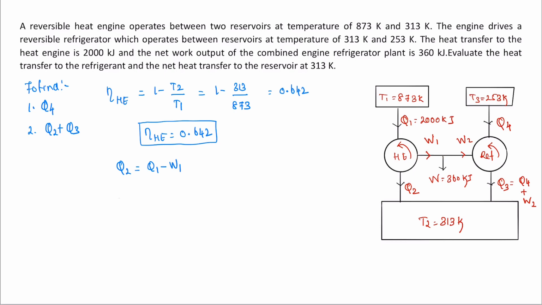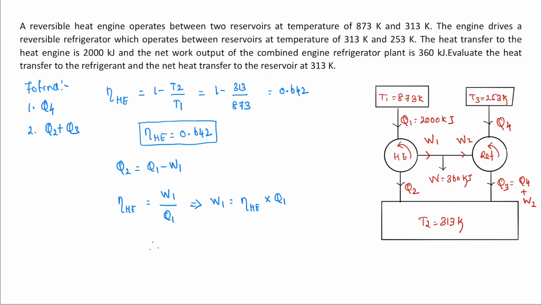So first we have to find the work done by the heat engine. The work done by the heat engine can be calculated as efficiency is equal to W1 by Q1. By using this equation, you can find the value of W1, which is nothing but W1 is equal to the efficiency of the heat engine times Q1.